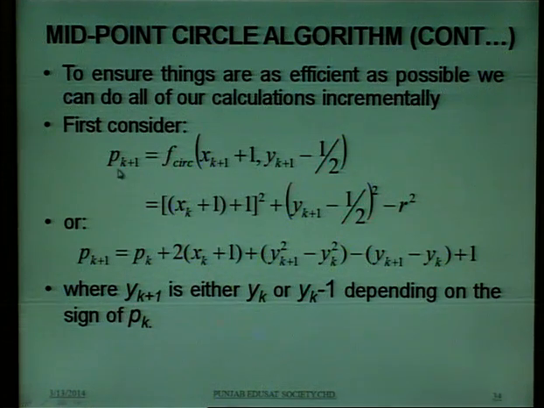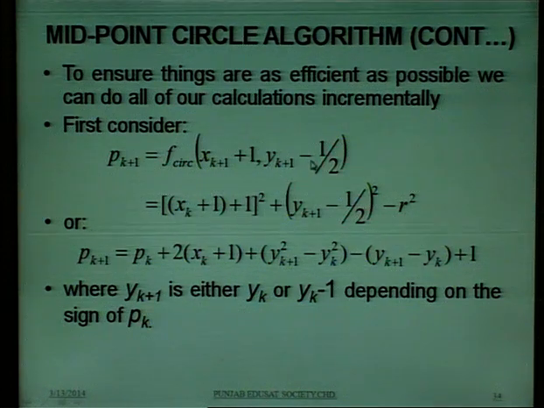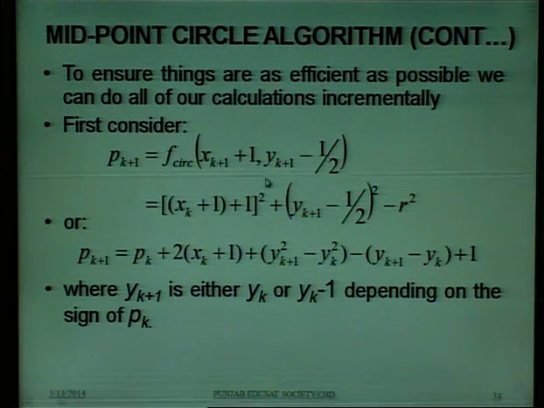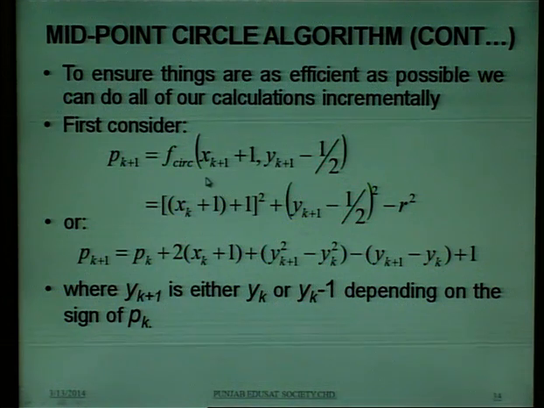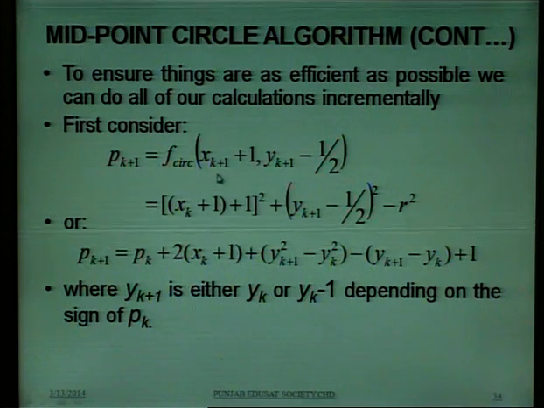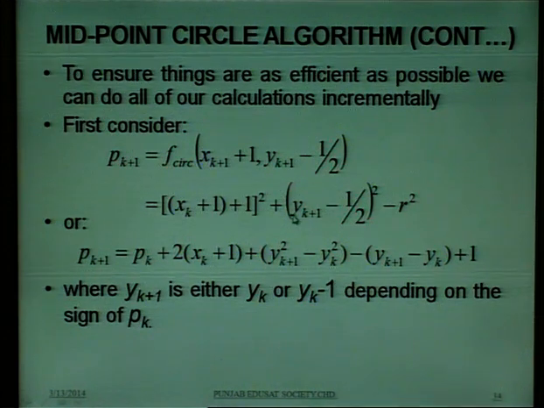Firstly, consider the value of the decision variable, that is p_{k+1}, which will be f of (x_{k+1}, y_{k+1} minus 0.5). It means you are to find the value of x coordinates and y coordinates incrementally on the x and y axis. It will be equal to x square plus y square minus r square.